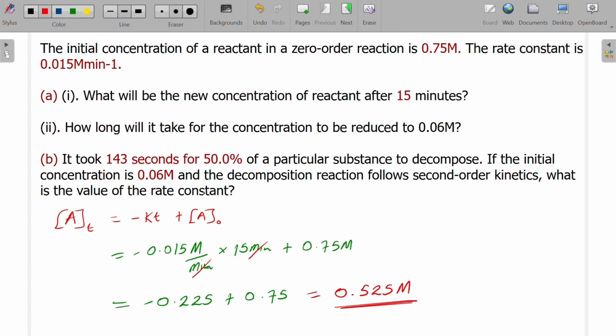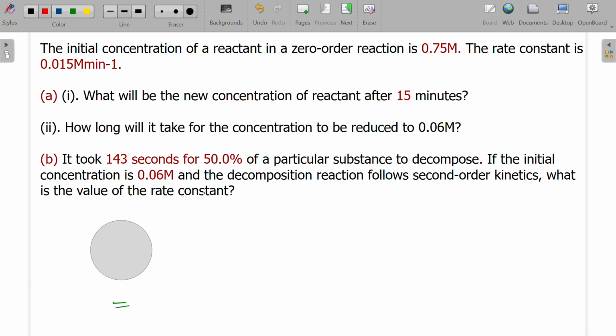Let's go to the next one. The next one is asking, how long will it take for the concentration to be reduced to 0.06 molar concentration? Still from the integrated rate law equation for a zero order, the final concentration is equal to minus kt added to the initial concentration.